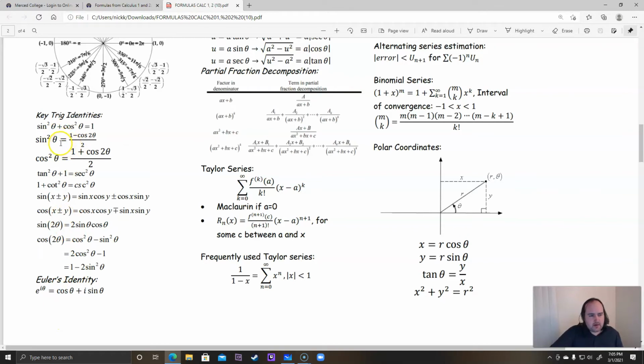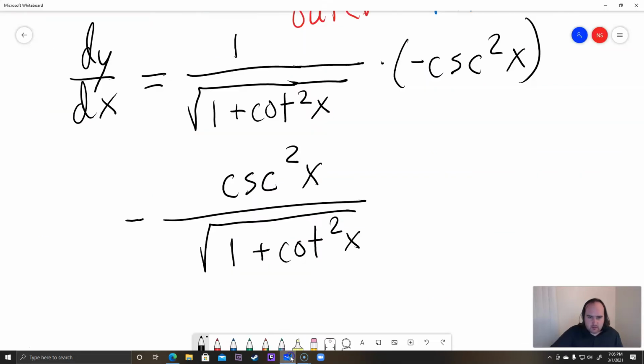The one we want right here is 1 plus cotangent squared equals cosecant squared. So 1 plus cotangent squared of theta equals cosecant squared of theta. That's what we're going to replace this 1 plus cotangent squared of x with. That's going to be the same as cosecant squared of x.